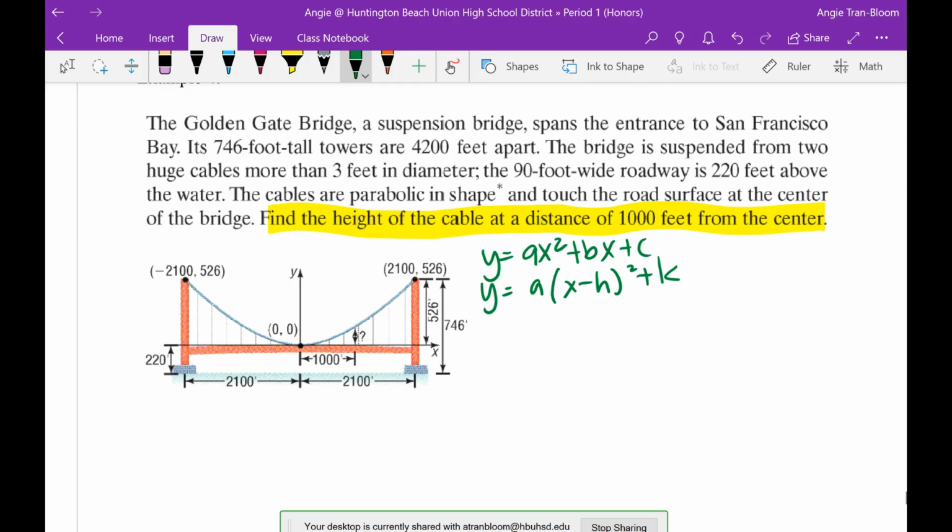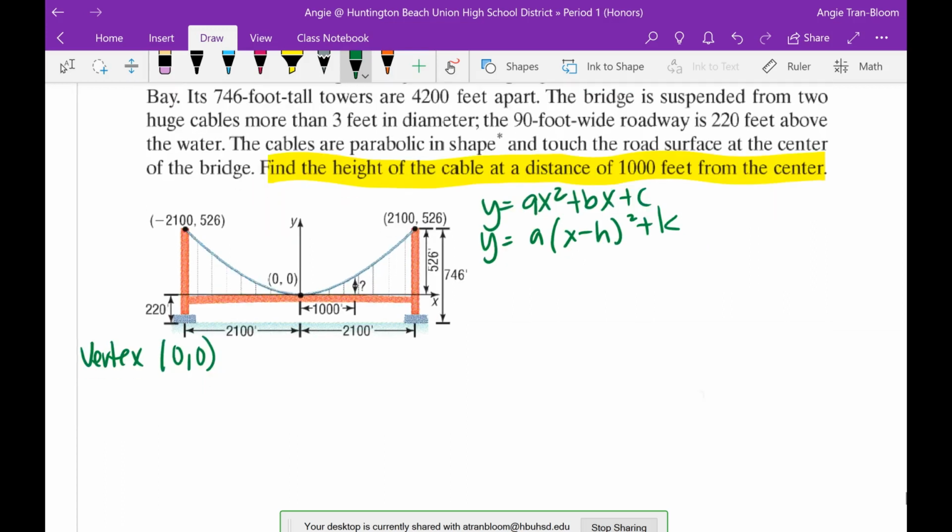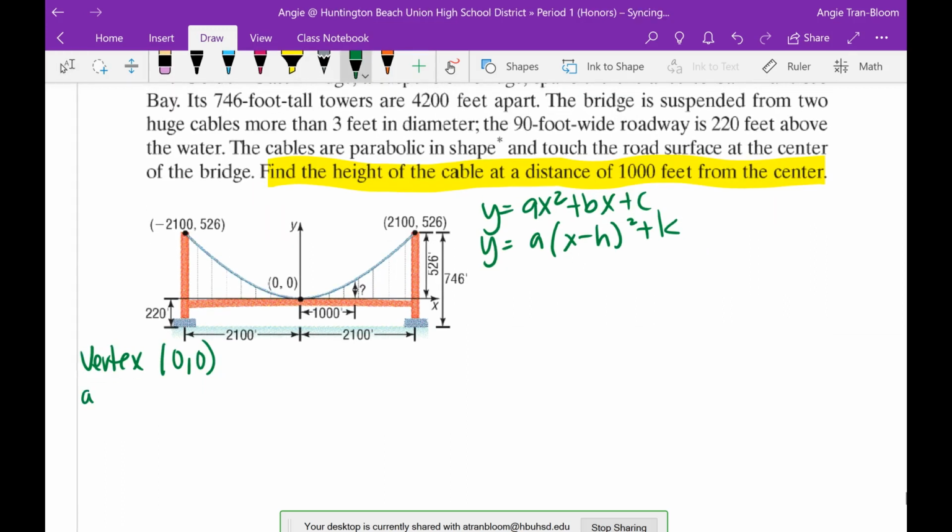Let's identify some key points first. Do we know the vertex? What is the vertex? Okay, 0, 0. I need a vertex and another point. Do we have a second point? What point are we going to use for this one? Okay, so (2100, 526).